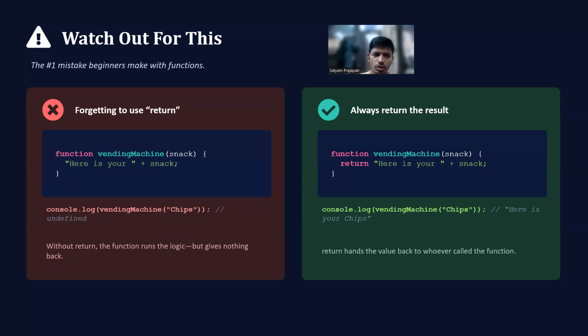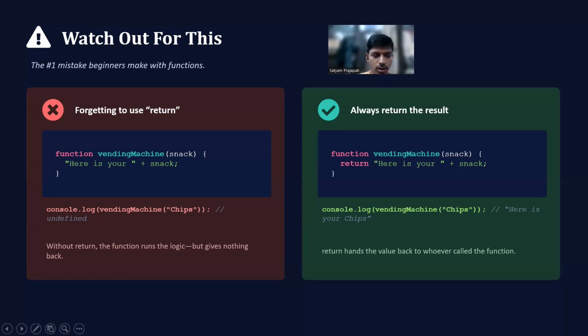The return is the output box, where the things we want come out. If you do not mention the output box, it takes undefined, meaning nothing is there.